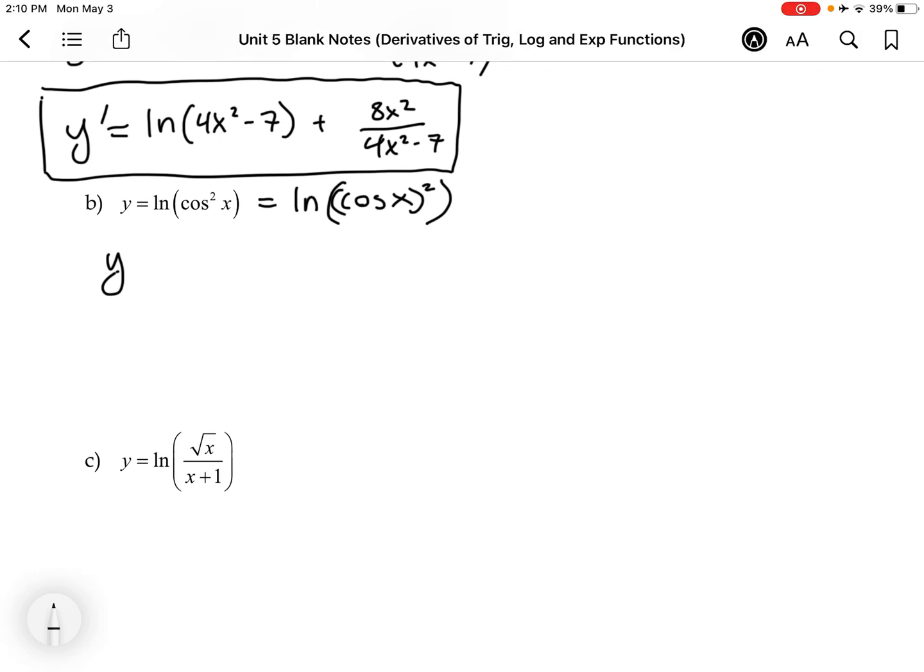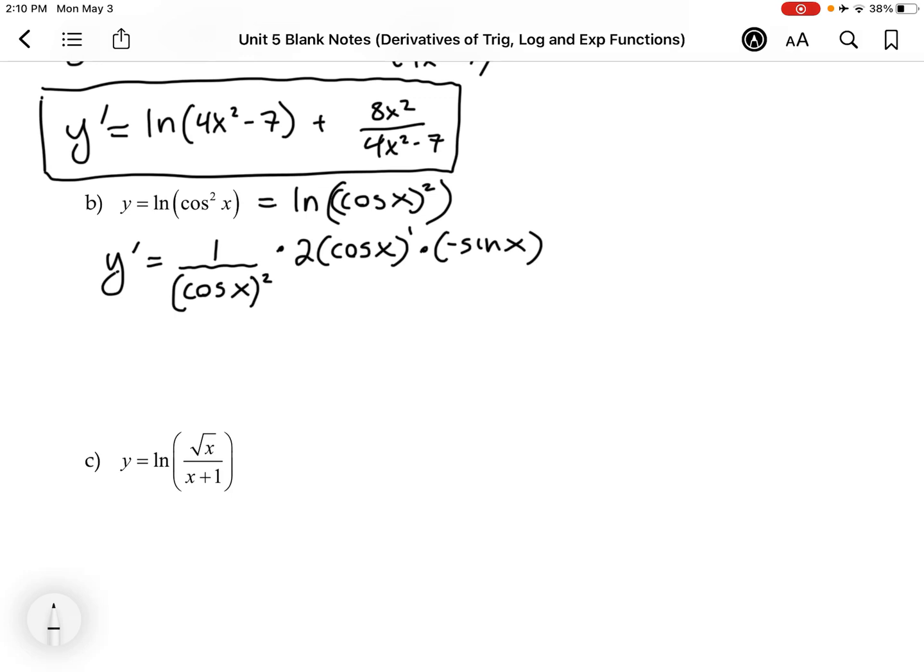So y prime is going to be 1 over whatever we're taking the ln of, which is cos x squared, times the derivative of the something squared, which is 2 times that something to the 1, which is cos x to the 1, times the derivative of that something, which is negative sine x. So actually we have to apply 2 chain rules here.